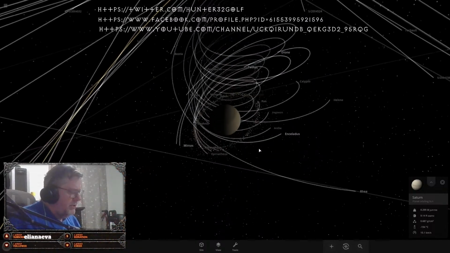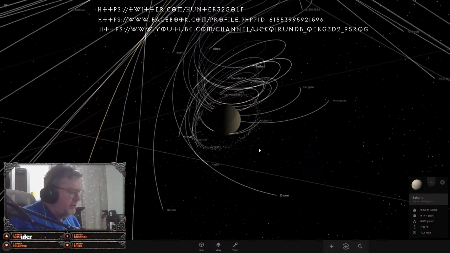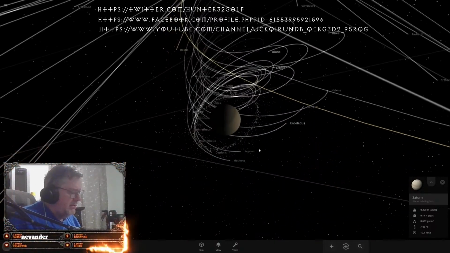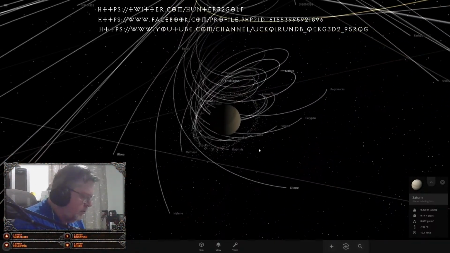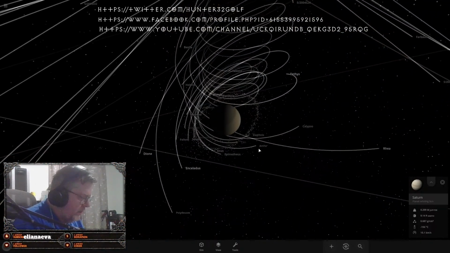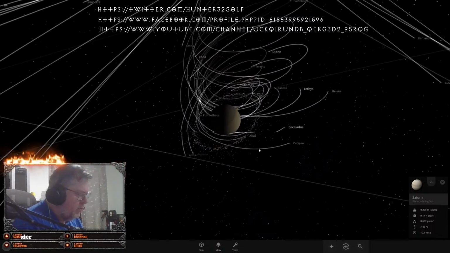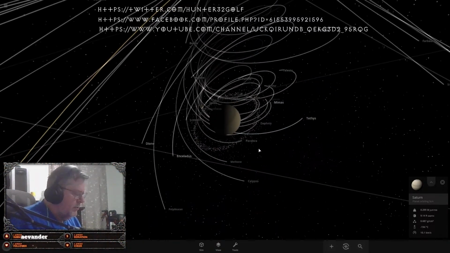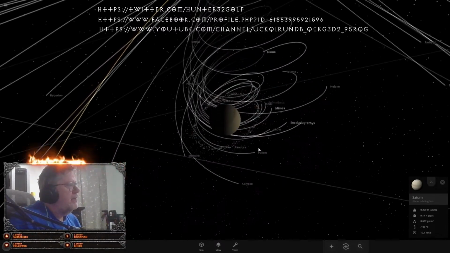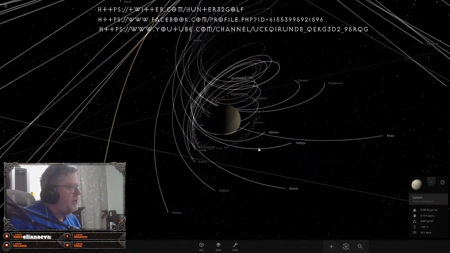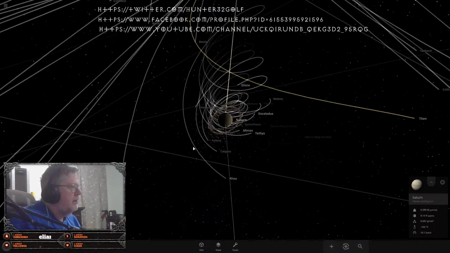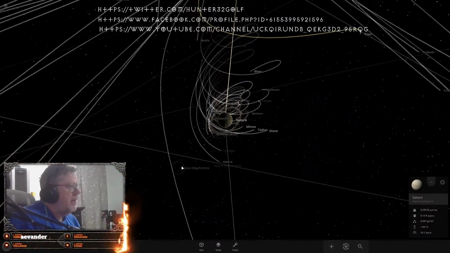It is 90% hydrogen, 3% helium, and it is the second most massive planet. It takes 29 years to orbit the sun, doing so at 9 astronomical units, and it has 146 known moons, but technically they're impossible to count.